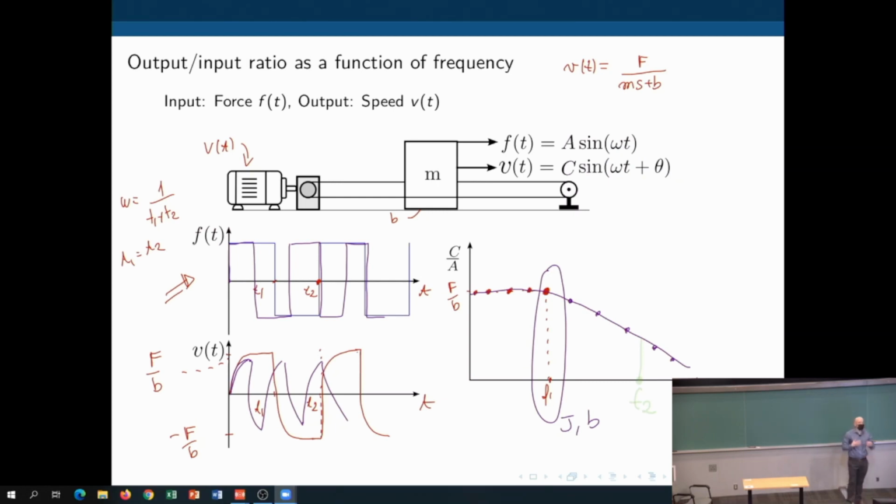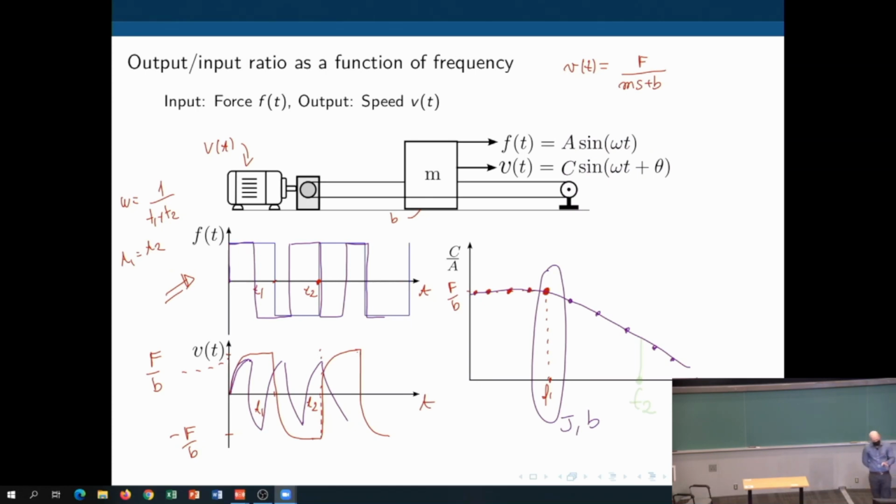Well, we need to increase the power delivered to it. We need to increase the value of A. We have to increase the magnitude of the force we give to it. And then hopefully it will compensate for that lack of responsiveness in the system. Right?